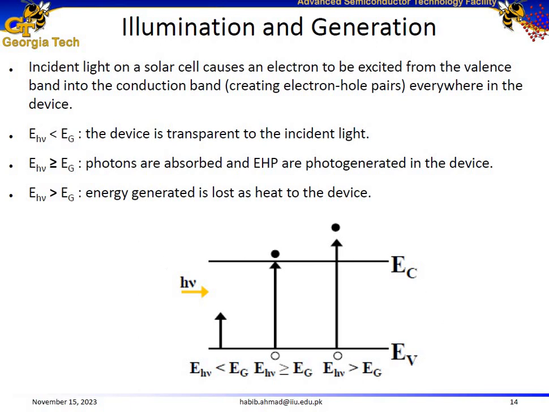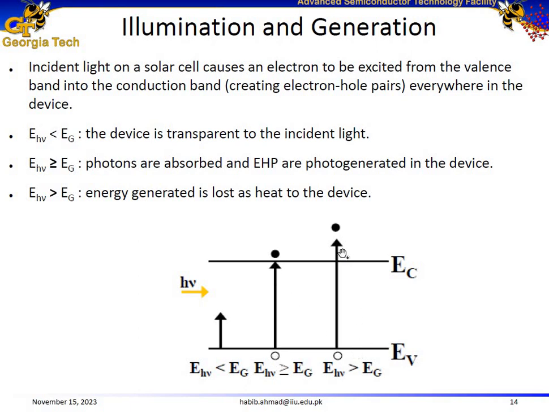So here is an example of light with three different energies. We have this light where the energy is smaller than the band gap of a semiconductor. Similarly, we have another photon where the energy is comparable to the band gap of the semiconductor.